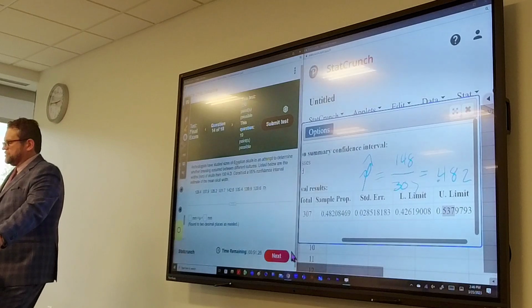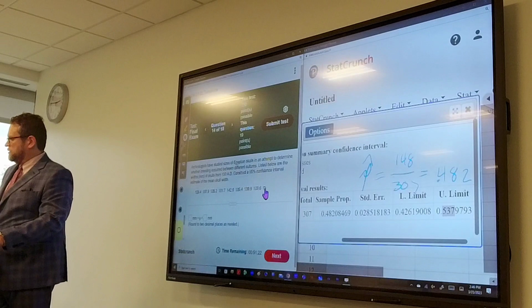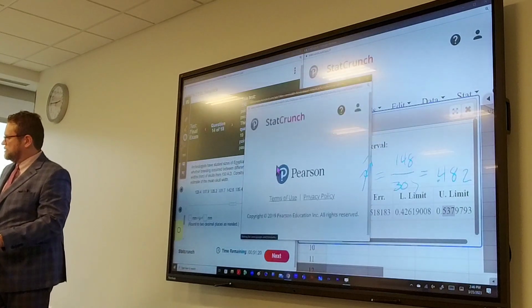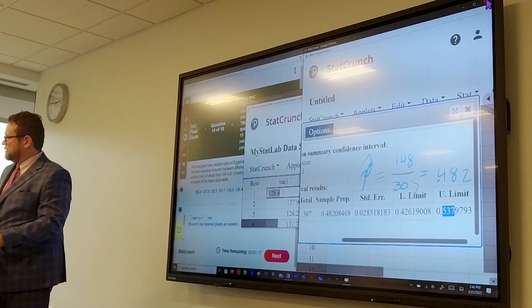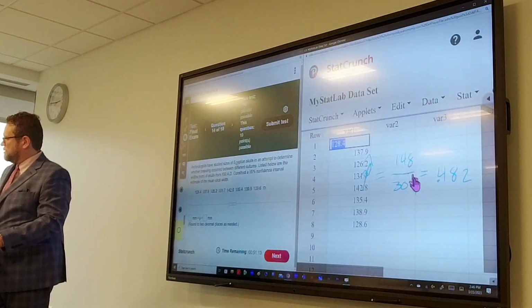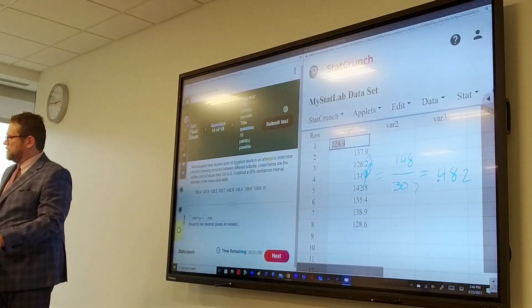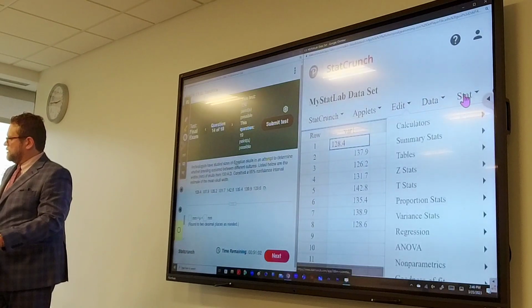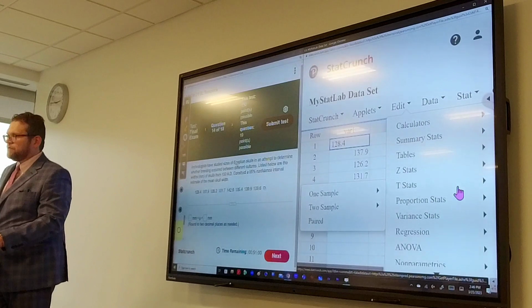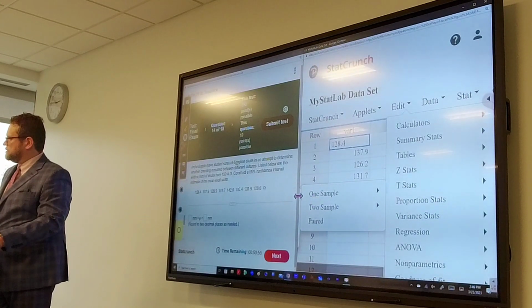Egyptian skulls. I've got the raw data, so I can just click it, open in StatCrunch, and say with data this time instead of with summary. So T-stats, one sample with data.